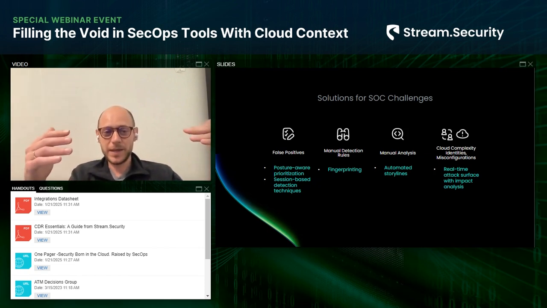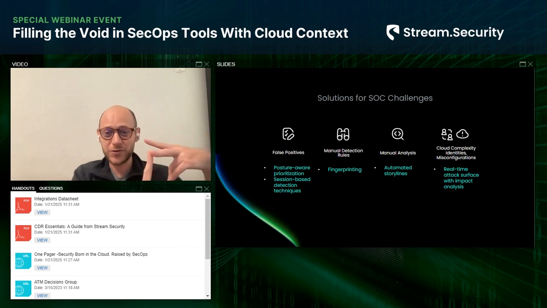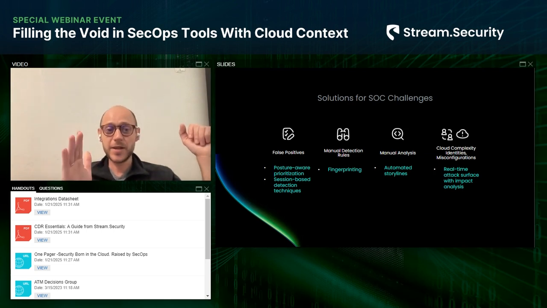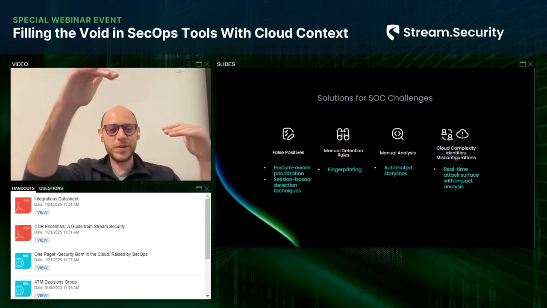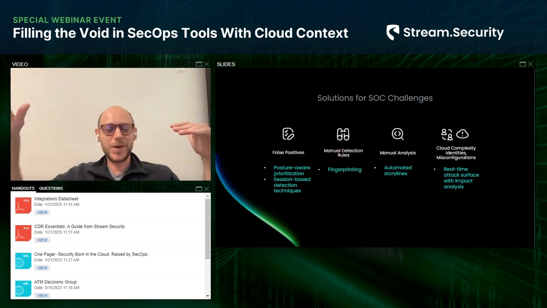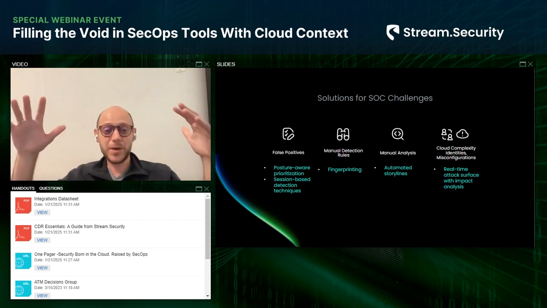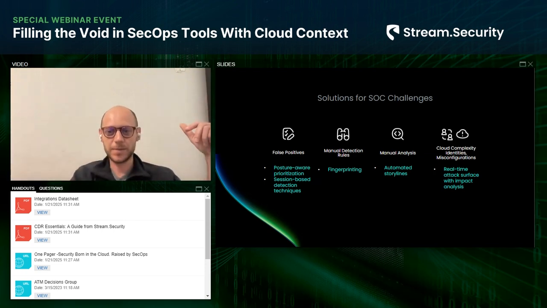CDR will give you the ability to understand the attack path to the asset, the potential blast radius, the running vulnerabilities, etc. Meaning that you have one tool to actually investigate the entire potential breach without going back and forth within your SIEM, EDR, CloudTrail logs using Athena, or any other tool that you might have in place to actually understand those, maybe going into your CSPM to get additional context.